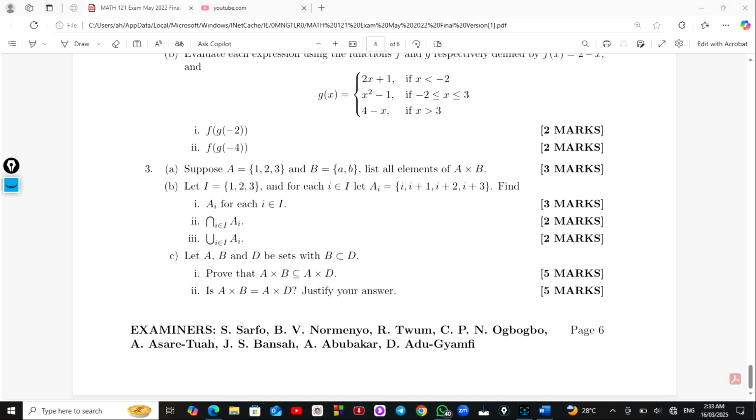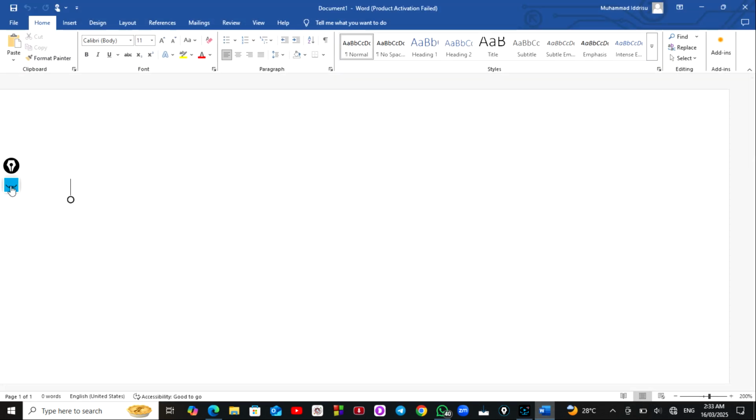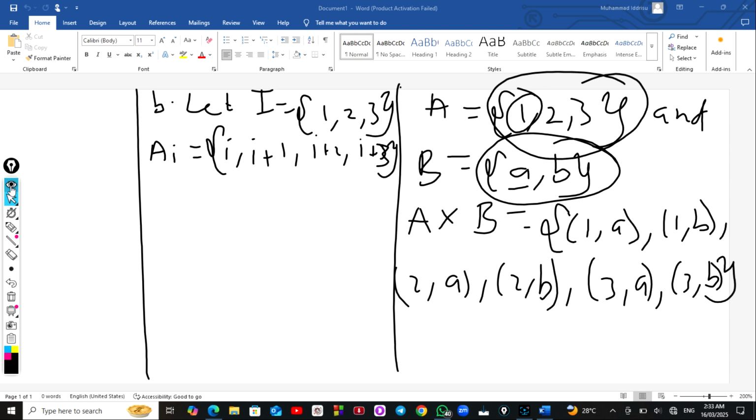So the first question is that we should find A_i for each small i in capital I. So we are going to find A1, A2 and A3. So we have 3 small i's. So our A_i is equal to this.